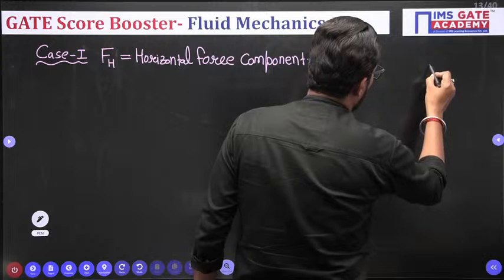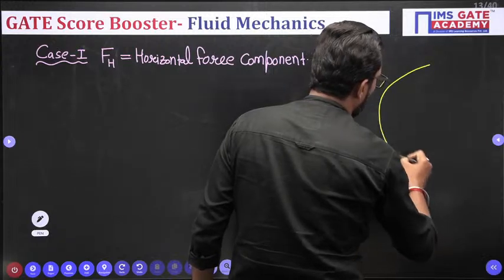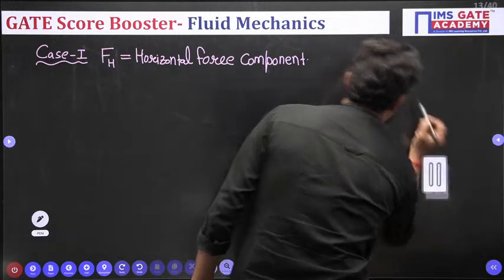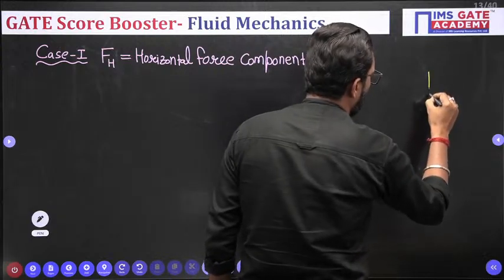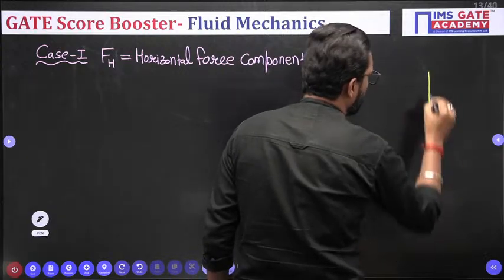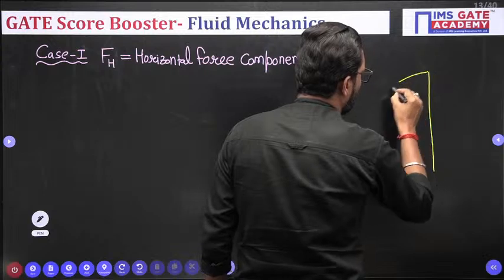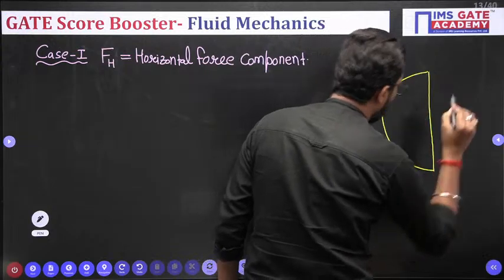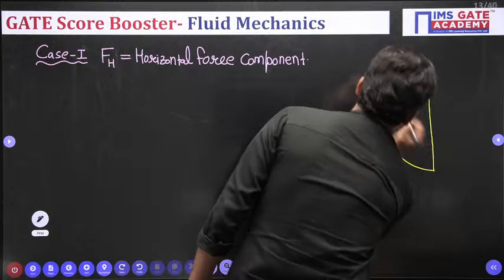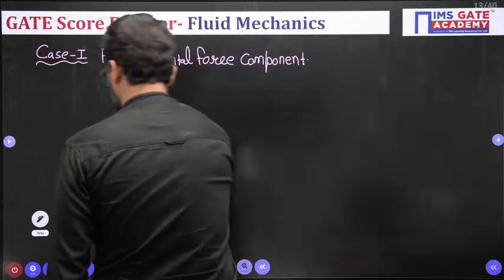We have this curve. This is for the horizontal. So we have this curve, yes or no? Okay, no problem. We have to take the shape.